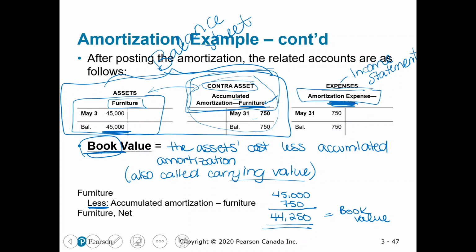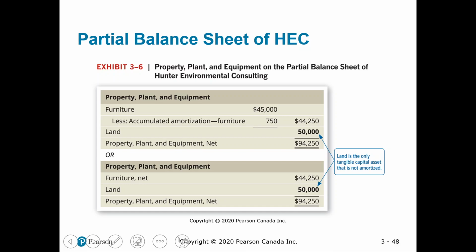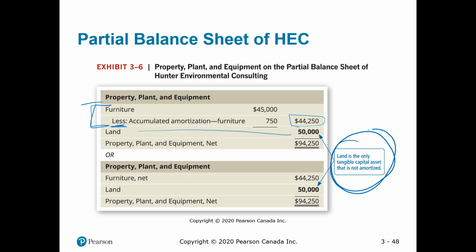Okay, so this is how things would look on the balance sheet when we're showing our PP&E. There's two possible ways. So this first one is the more detailed manner, and it actually shows the furniture less the accumulated, and it gets us to that net book value. And then we see land here, and we know land is the only tangible capital asset not amortized.